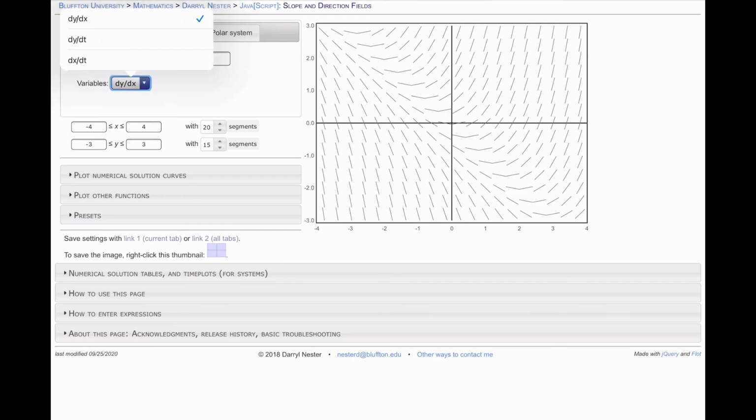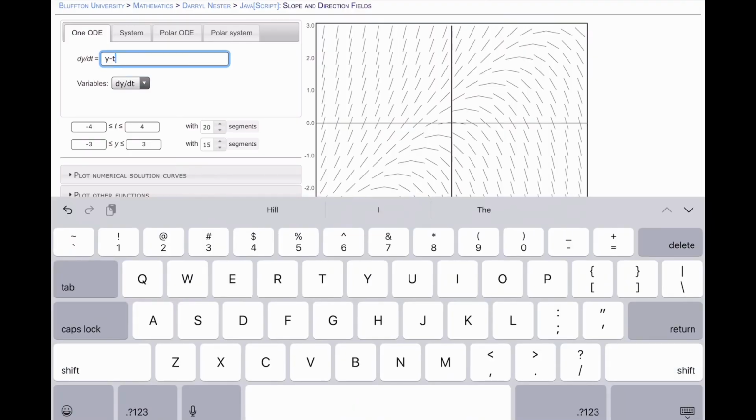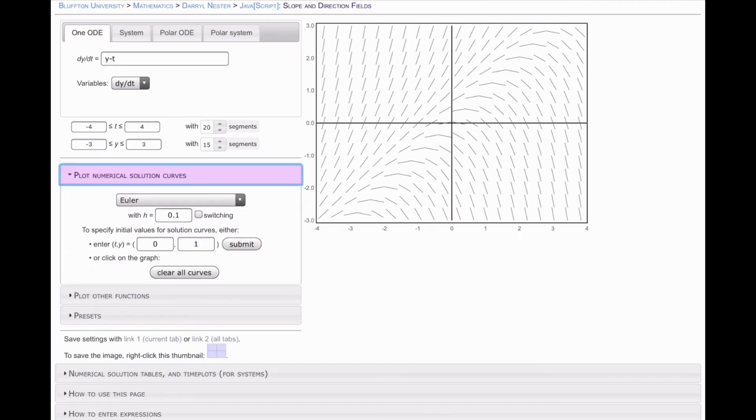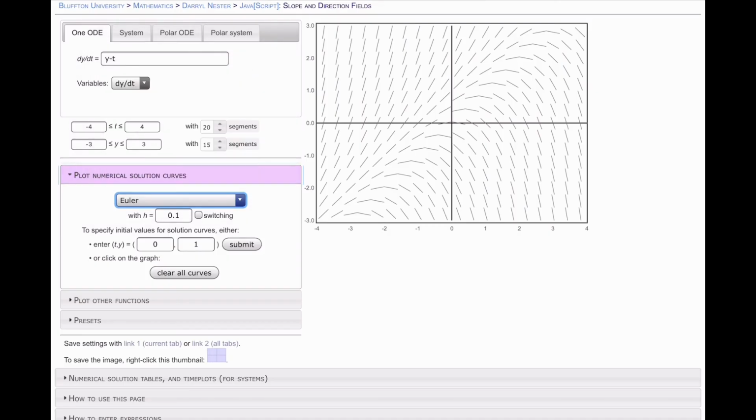So here, it allows me to pick what my variables are called, and I'm going to draw the last example that we just did. So I had dy by dt, and this was equal to y minus t. Now, this website actually has quite a few approximation methods. We in Math 118 will only work with Euler's method, so this is the one that I'm going to pick.